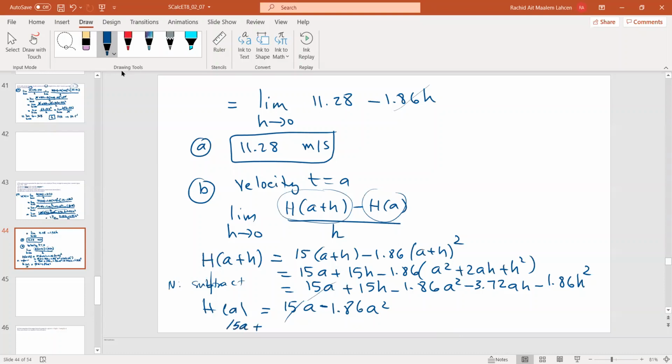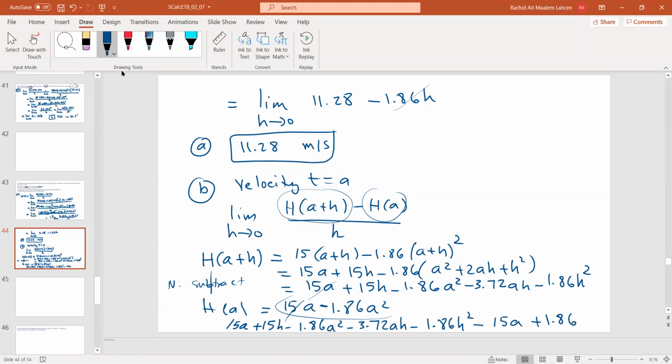So 15a, the first one, minus, now you do this one, 15a, and this minus minus becomes plus 1.86a squared. So 15a with 15a will cancel. This will also cancel, and will leave us with 15h and negative 3.72ah, right?